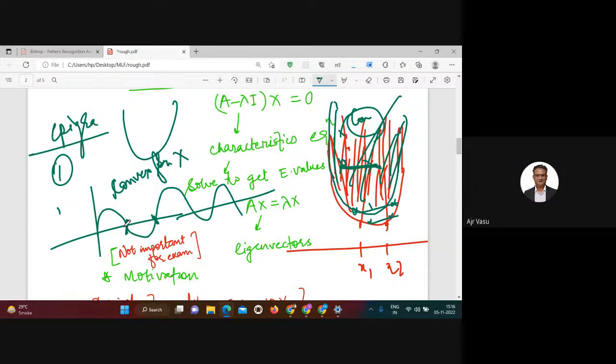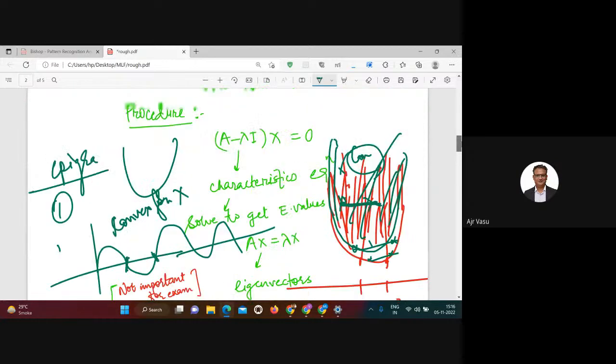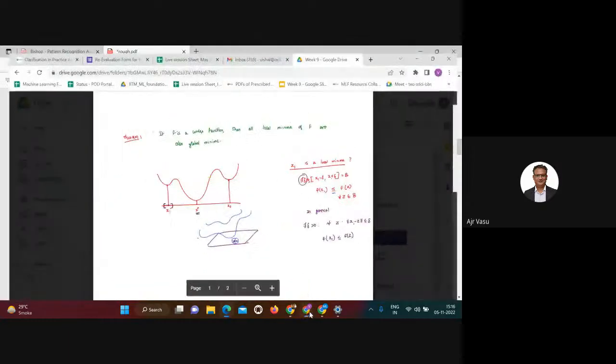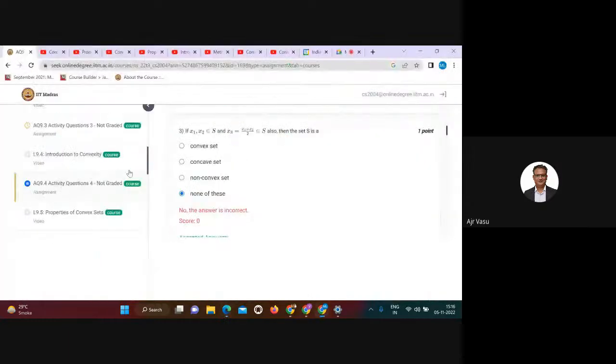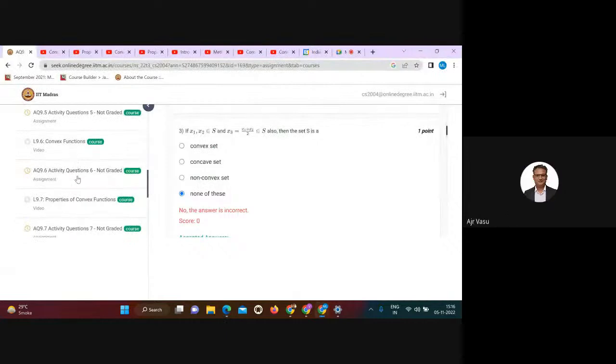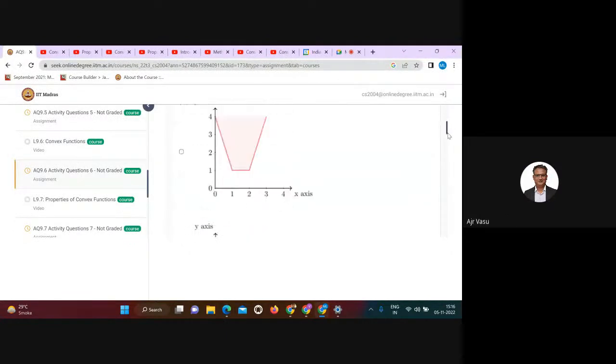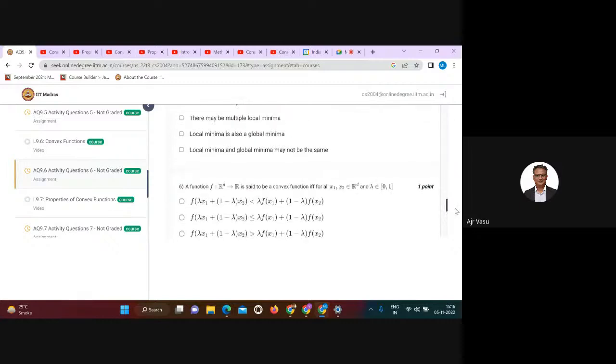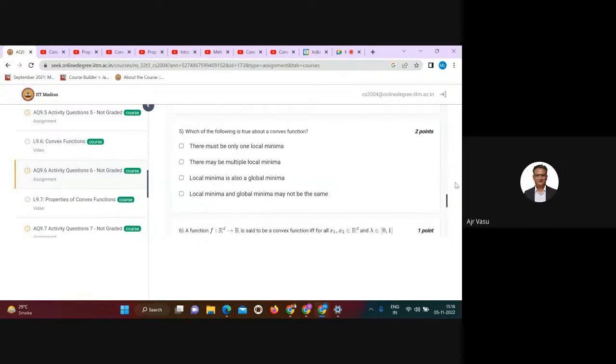Yeah. So if you see this question, AQ 9.6, question 5. Which of the following is true about a convex function?